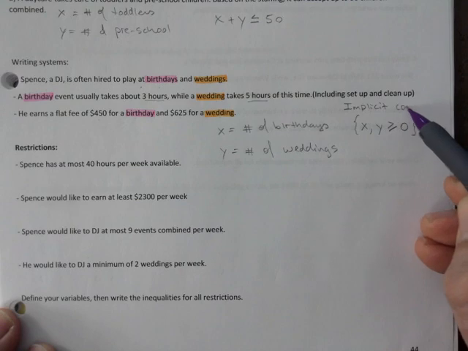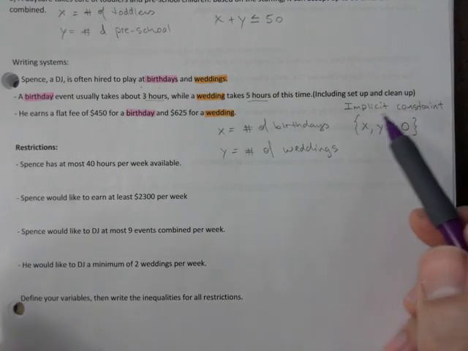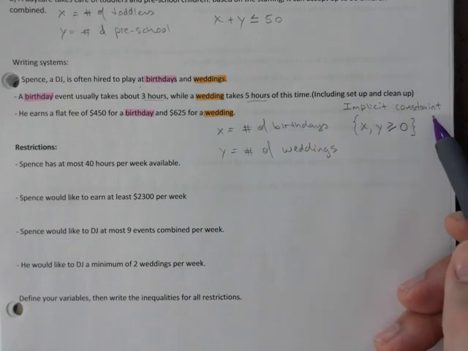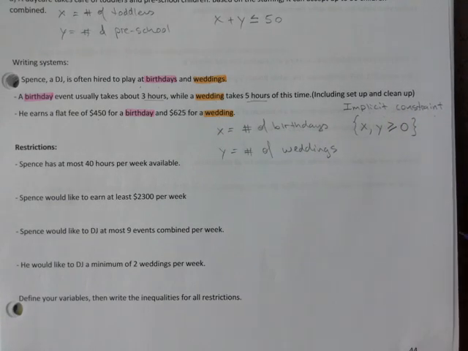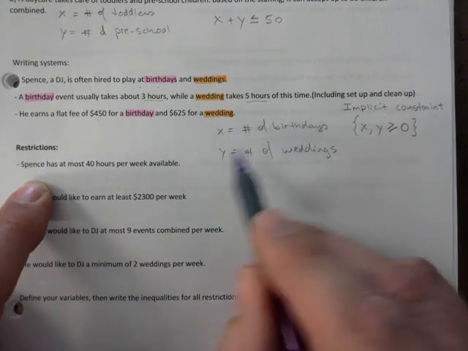You can rephrase that as an implicit restriction, or the assumption we're making, right? Explicit is very obvious. Implicit is not quite stated, but it's assumed that that's the case. Okay, all right. So we know this.